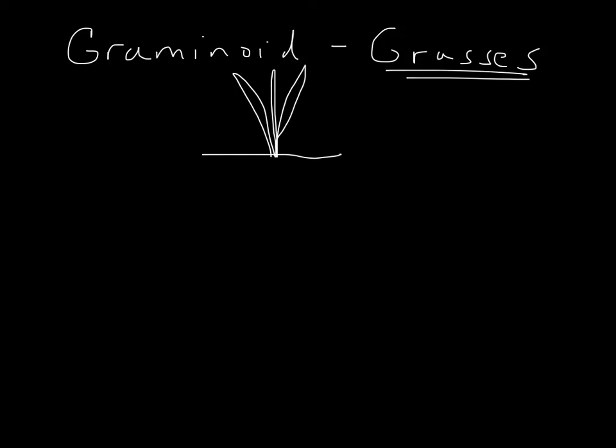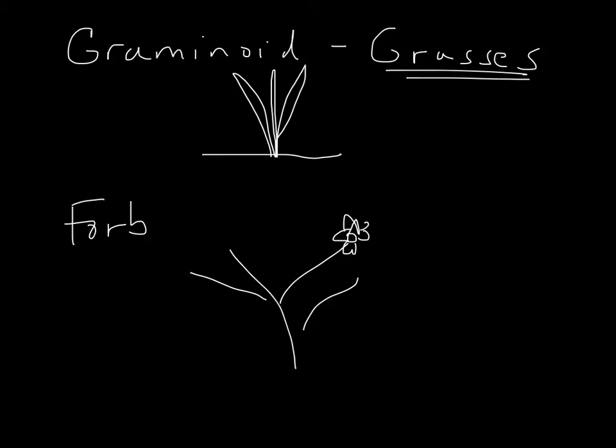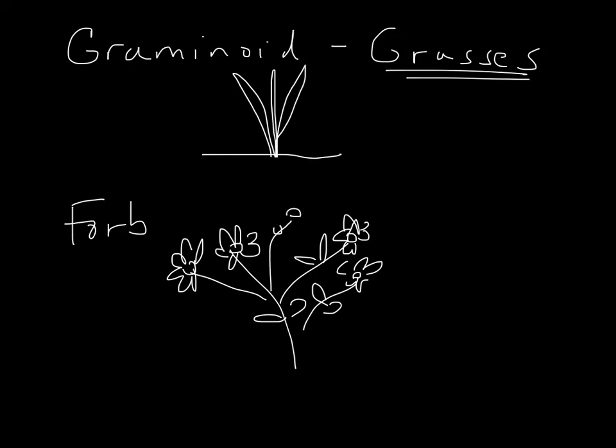A forb, on the other hand, is something that is more branchy and tends to have flowers and leaves. So a forb is usually identified by flowers. If you see seeds on it also, then it's going to be a forb also. Now there's going to be some other things out there also.